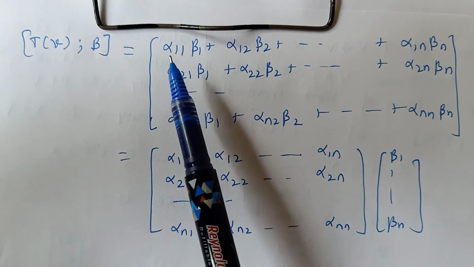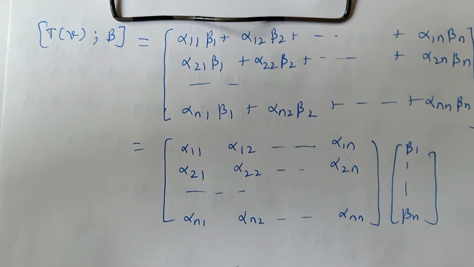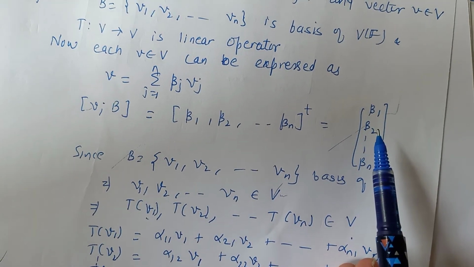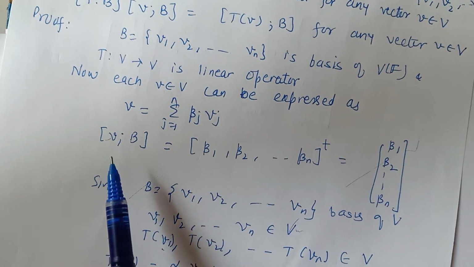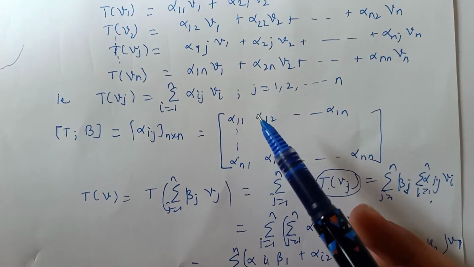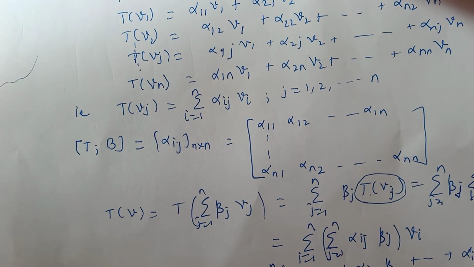So more generally, I can write this matrix as a product of these two matrices, and as we have observed previously, this column beta 1, beta 2 up to beta n is the matrix of v with respect to b. Similarly, this alpha ij matrix is the matrix of linear transformation T with respect to b.